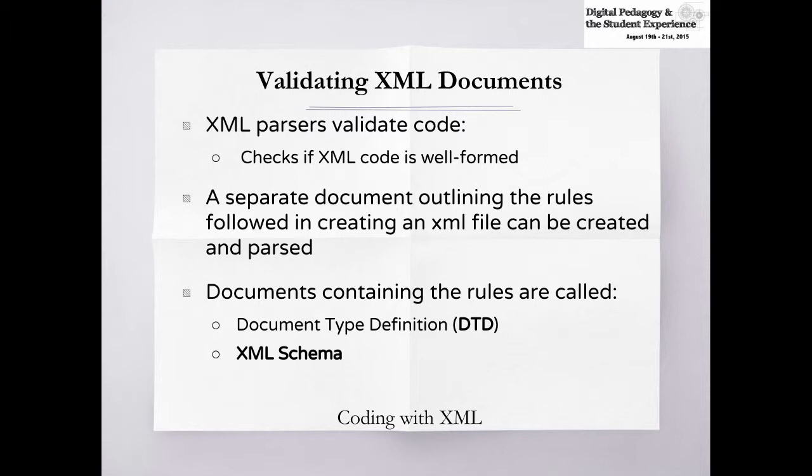So the parser will read the rules and compare them against the XML file. If the XML file passes, then all the rules, including being a well-formed XML file, have been implemented. The document containing the rules is called either a document type definition, DTD, or an XML schema, and we'll talk about these in further detail a little later.